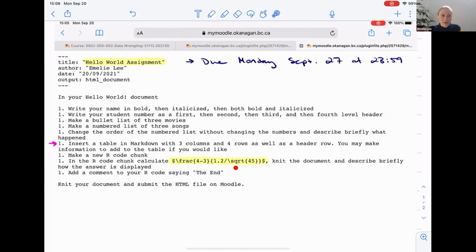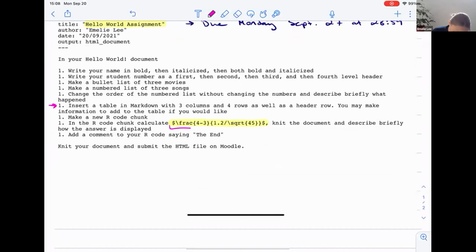I didn't want to give it to you because I want you to knit it and see for yourself, right? But it should end up looking like 4 minus 3 divided by 1.2 divided by the square root of 45.